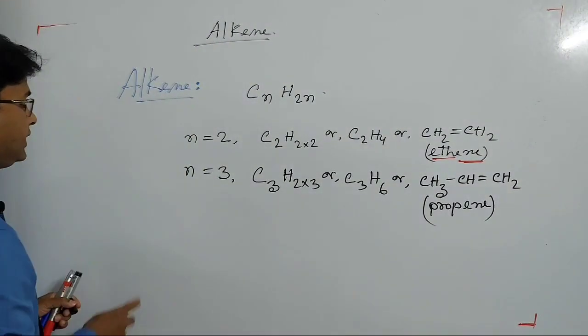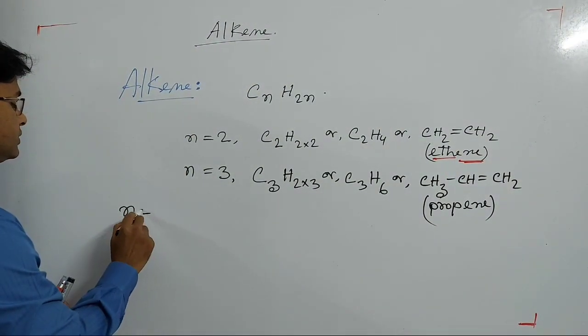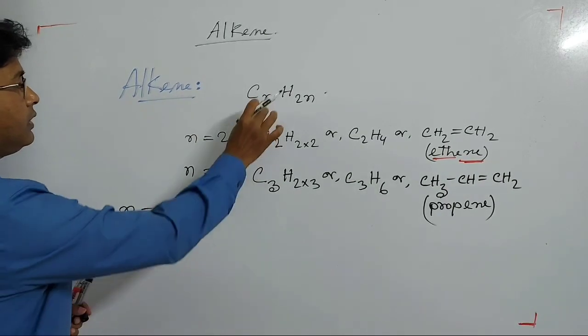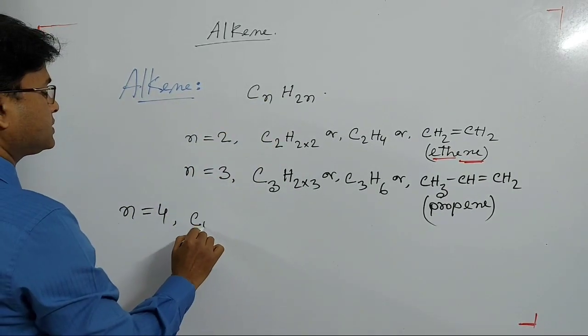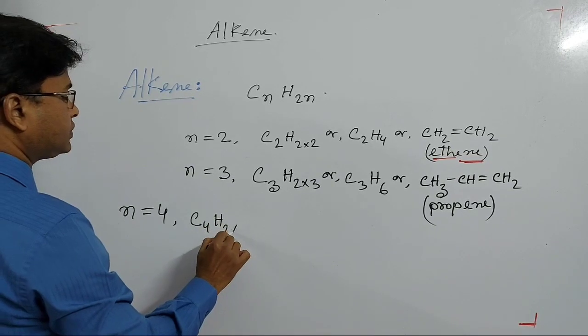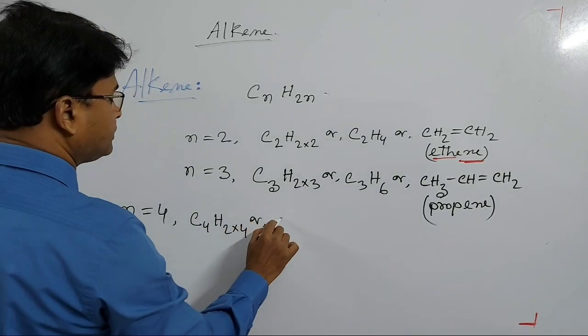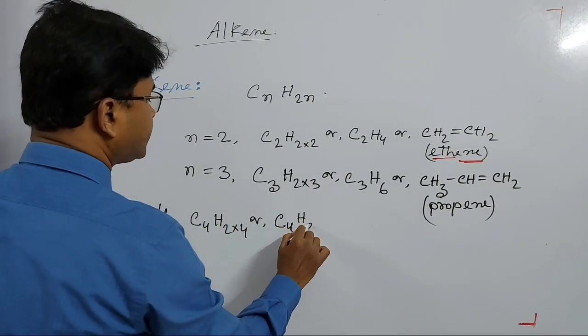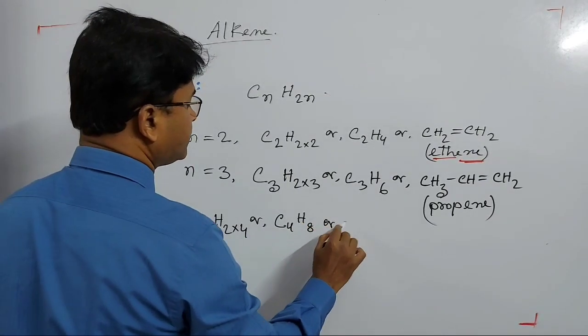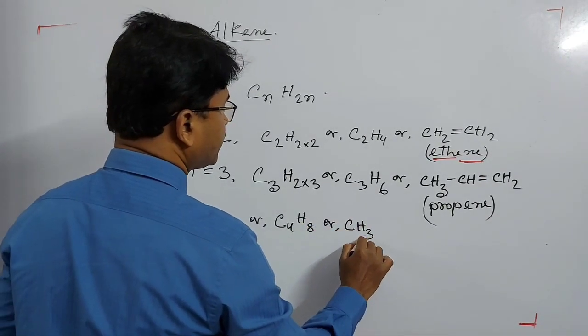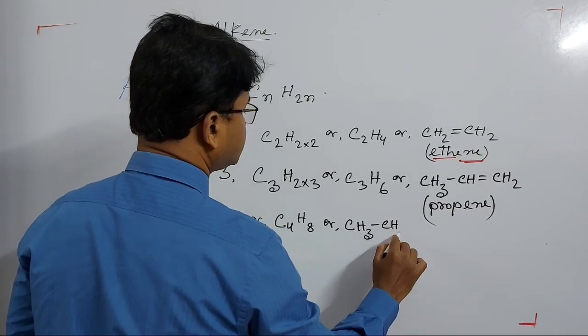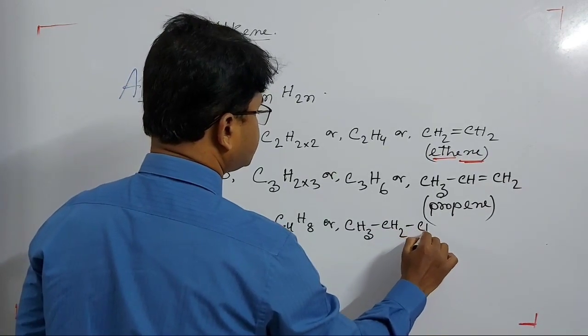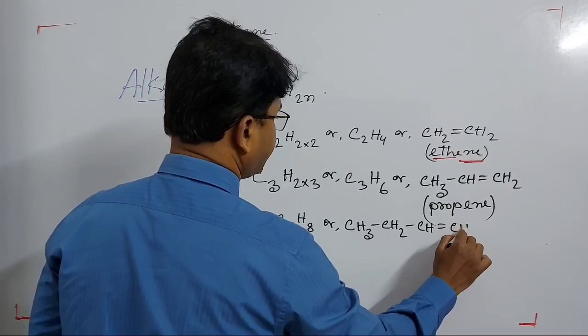Now if I write n equal to 4, it will be C4H2 into 4, or C4H8, or CH3 bond CH2 bond CH double bond CH2.